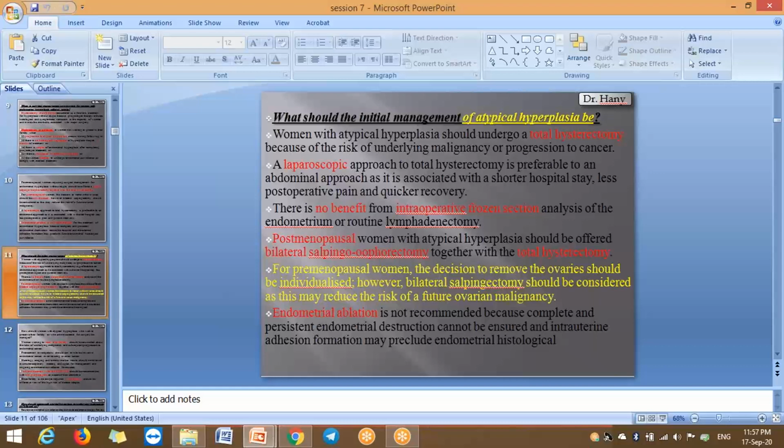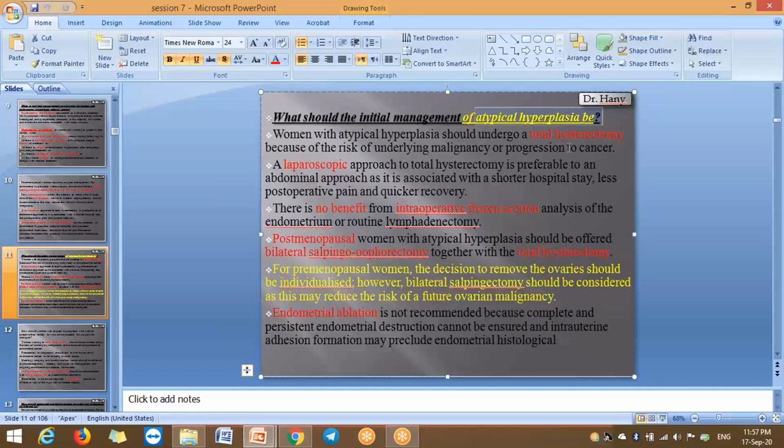However, bilateral salpingectomy, you will remove the uterus and the tubes, should be considered as it may reduce the risk of ovarian cancer. In what? In atypical hyperplasia, not only hyperplasia without atypia. Atypical hyperplasia in perimenopausal woman, I will leave the ovary.